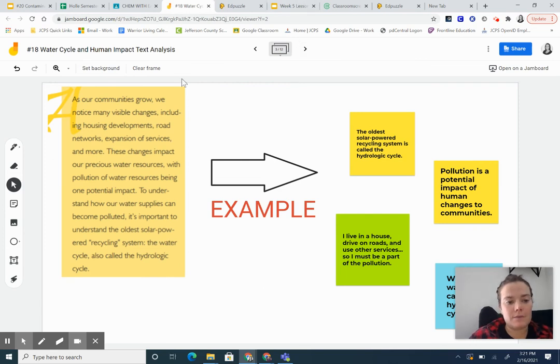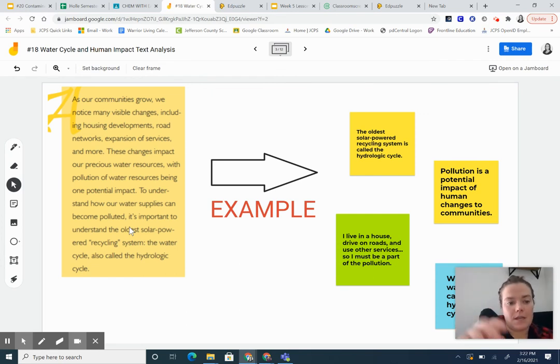When I read that, what I'm seeing as the main ideas is that there is something called the hydrologic cycle or the water cycle, and it is a solar powered recycling system. So it's some sort of cycle that is based on the water and the sun.